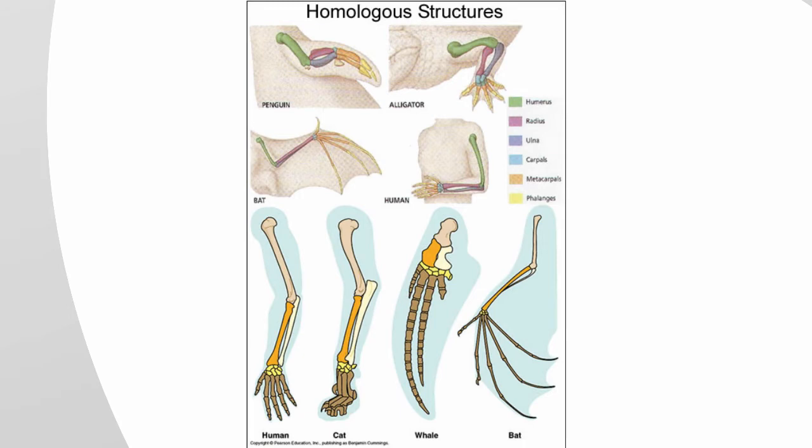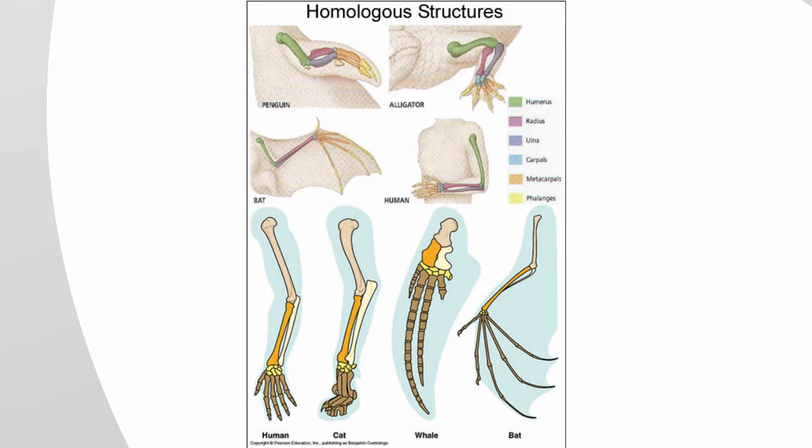One of the most important things to remember about taxonomic organization and phylogenetic relationships is that it's based on common ancestry. And so you want to make sure to use homologous structures in a tree.